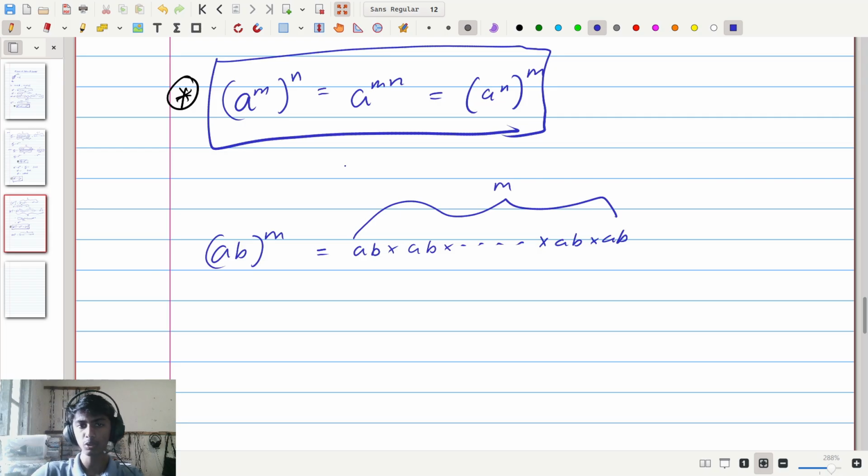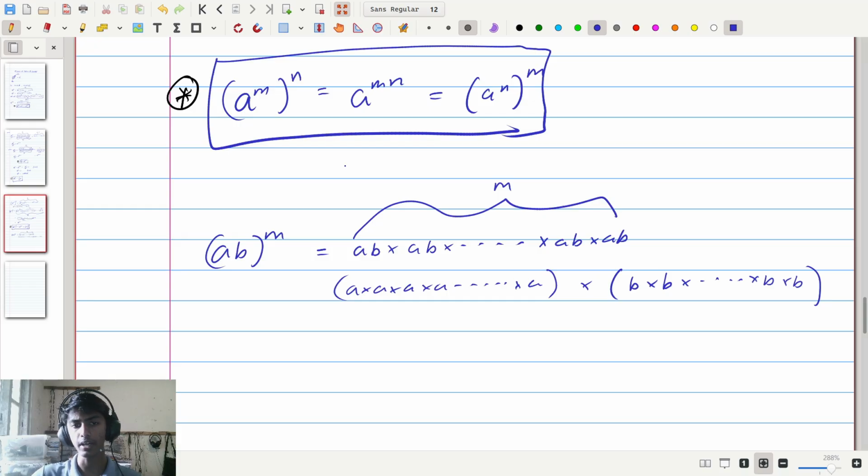Considering this thing, we have a times b times a times b times a times b, and we have m number of these groups. So that means we have a certain number of a's being multiplied together. We can consider something like that, and then that being multiplied by a certain number of b's. We can extract this due to the commutative properties of multiplication. So we have times b times b.